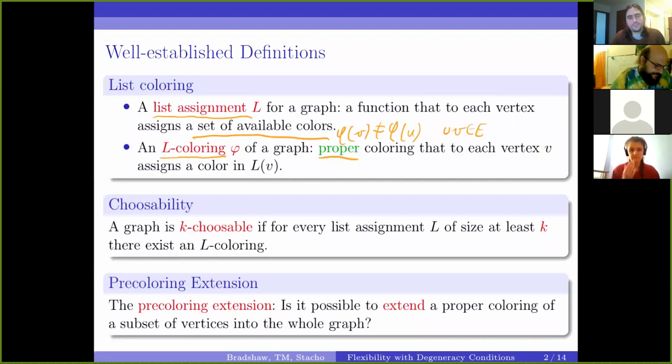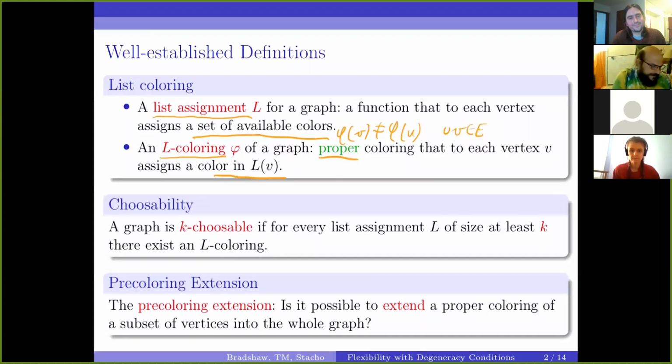You probably know all those terms, but I think it's good to start at the beginning. Of course, the color that we assign to vertices has to come from the lists we have for them. So every time I speak about L-coloring, I mean proper L-coloring.